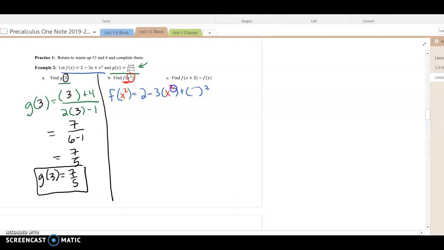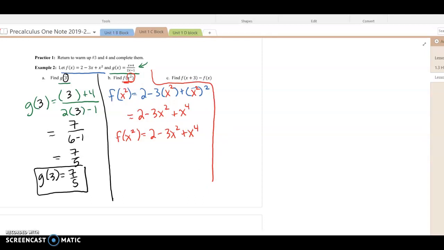And every time we see a parentheses, we're going to replace it with x squared. And we're just going to simplify. So we have 2 minus 3x squared plus x to the 4th, because x squared squared is x to the 4th. So f of x squared equals 2 minus 3x squared plus x to the 4th.